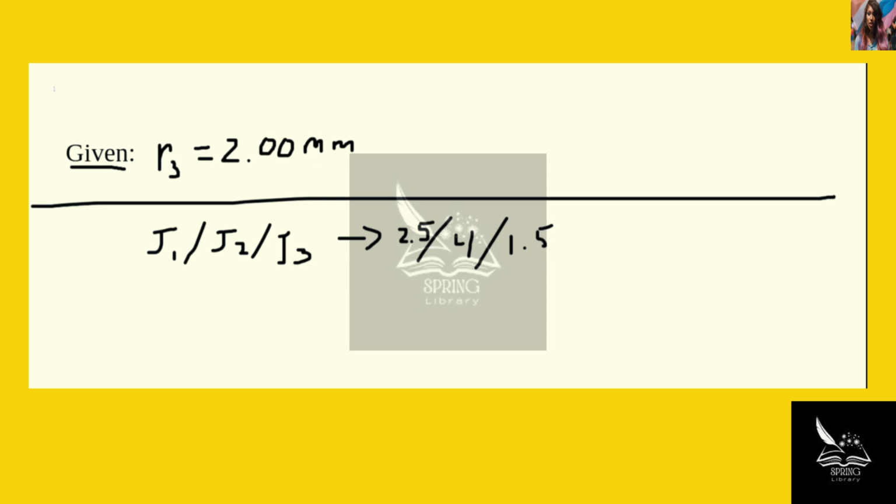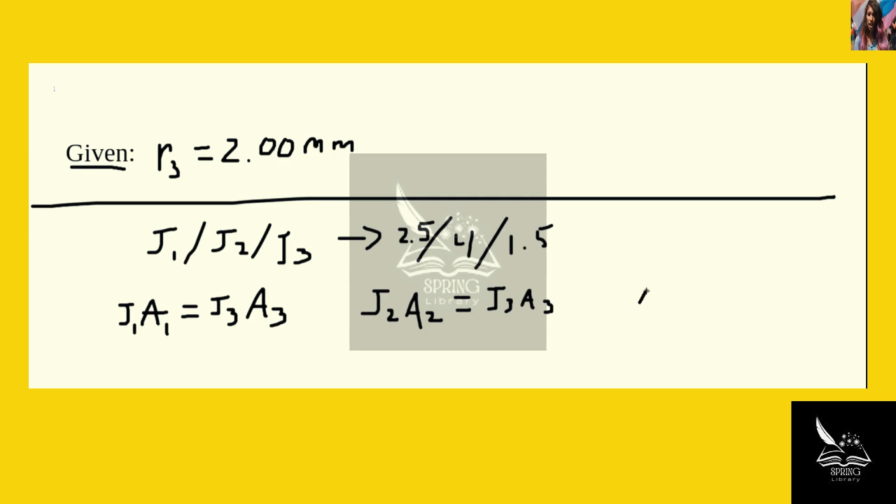But the currents in the rods must be the same since they're in series here. Therefore, since the currents in the rods must be the same, J1 times A1 has to equal J3 times A3, where A is the area of the different rods, and J2 times A2 has to be equal to J3 times A3.